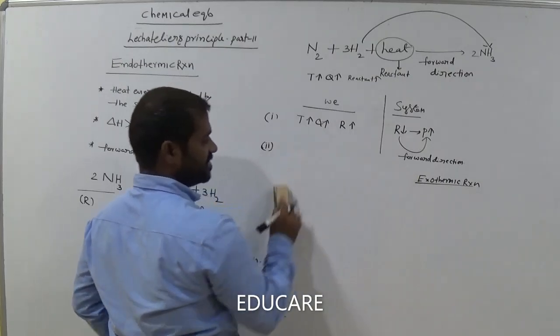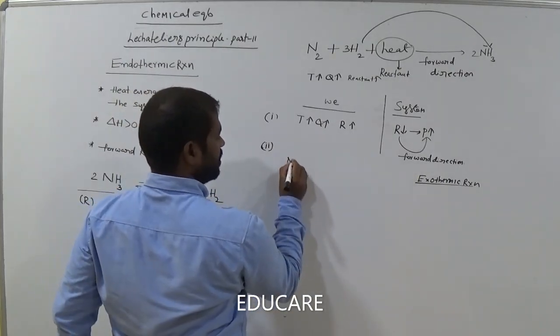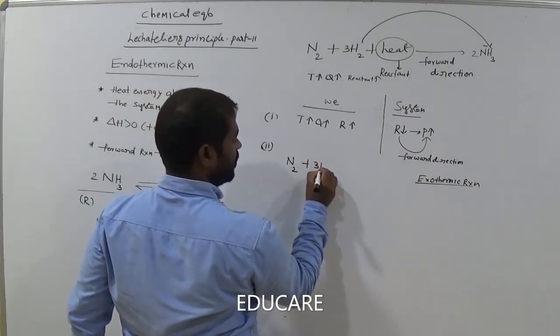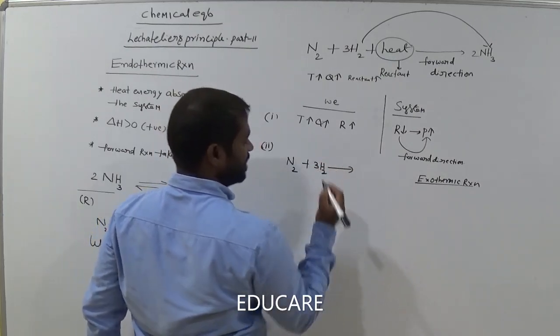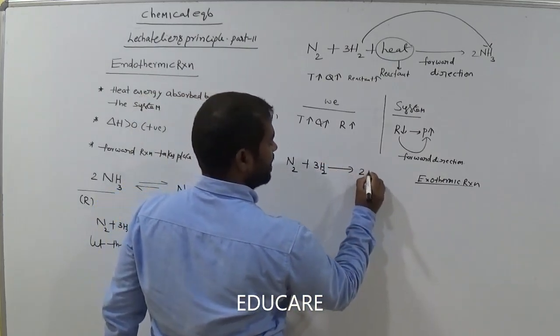Let's consider this equation: N2 plus 3H2 gives rise to 2NH3.